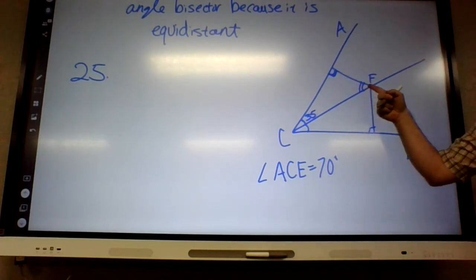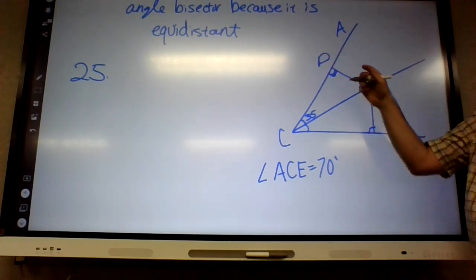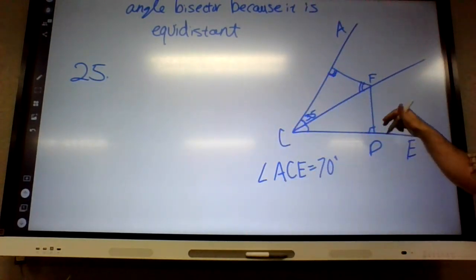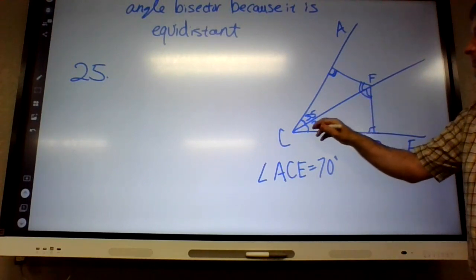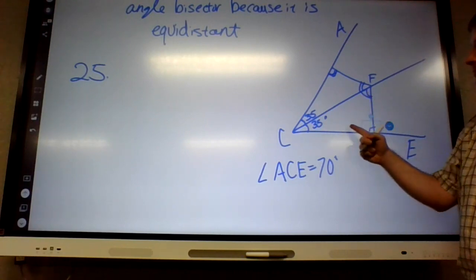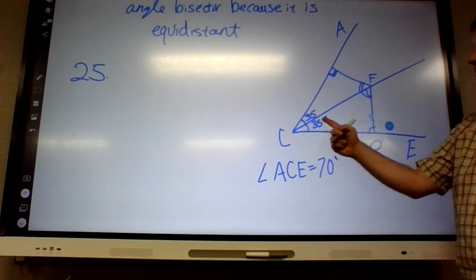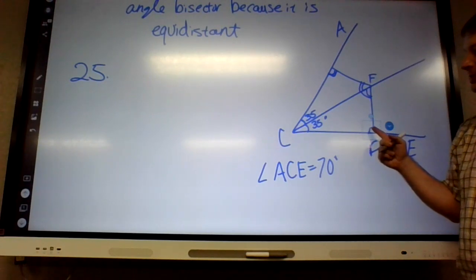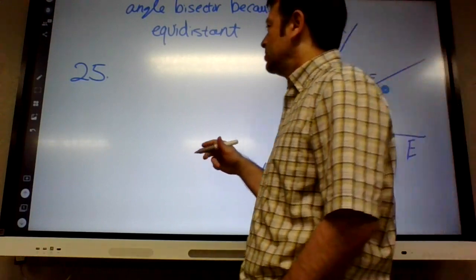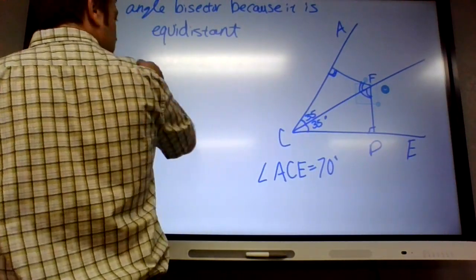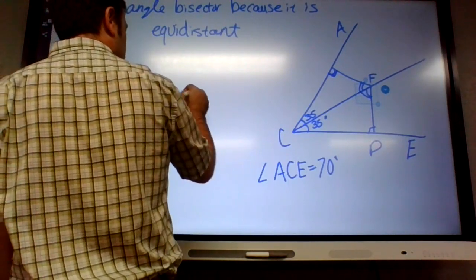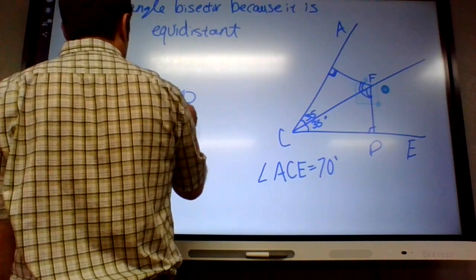So how can we find CFD? D's down there. Okay, so how do we find one of these angles then? That's 90, so it's 90 plus 35. They have to add up to 180, so we got 35, 90, 125, then you subtract 180 minus 125, 55. Big brain moves. 180 minus 125? Yeah, that's 55.